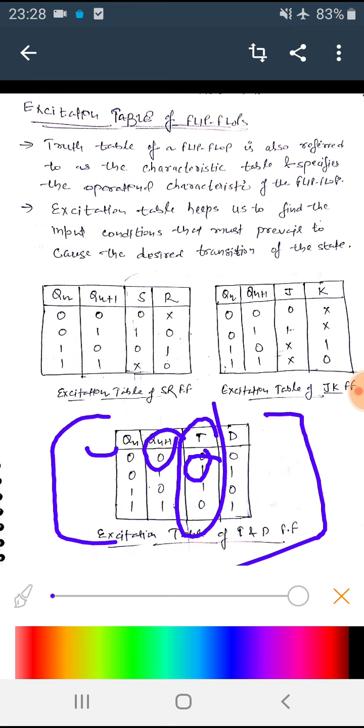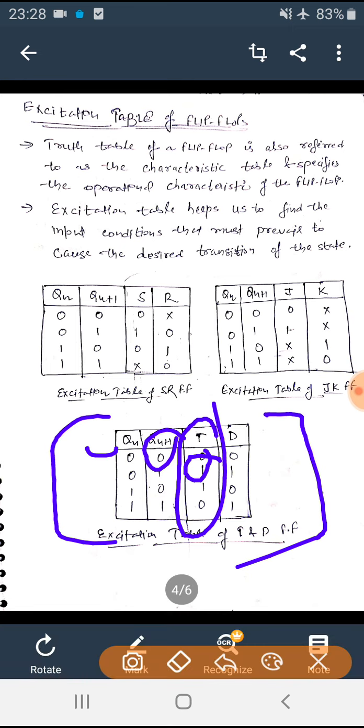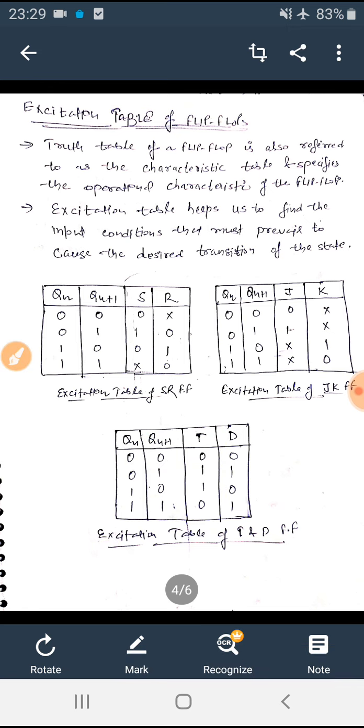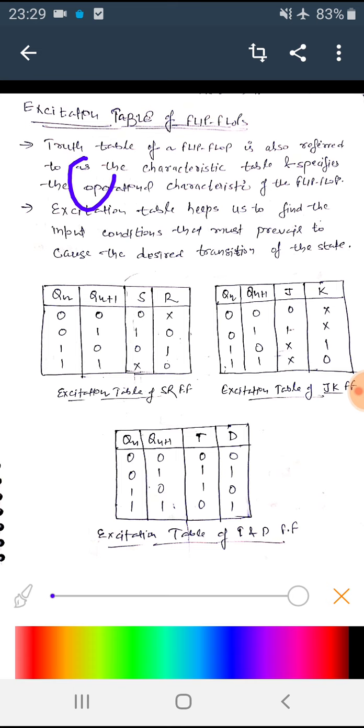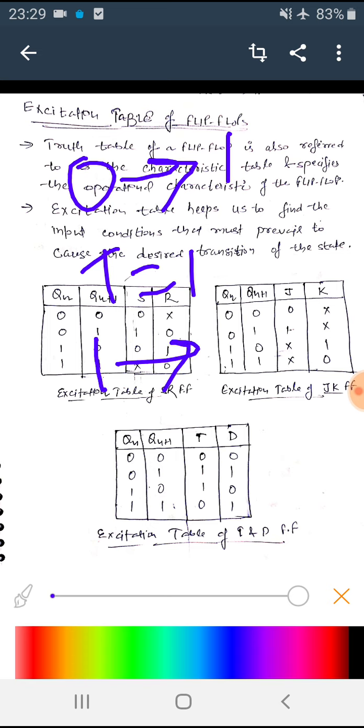As we have already seen, the T flip-flop will toggle when we provide 1. If it was 0 and we provide T equal to 1, then the state would change to 1. If it was 1 and we provide T equal to 1, it would change to 0. So it will toggle the previous state, as we have seen in the T flip-flop and its table.